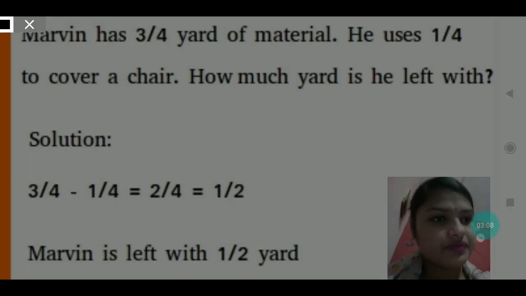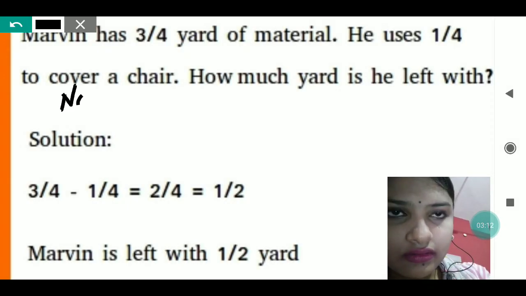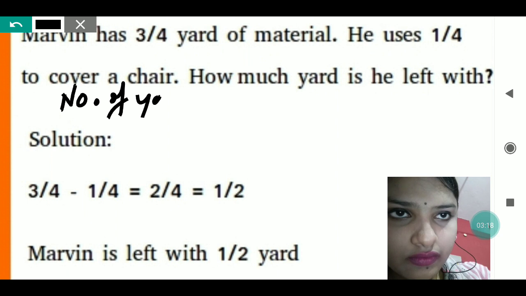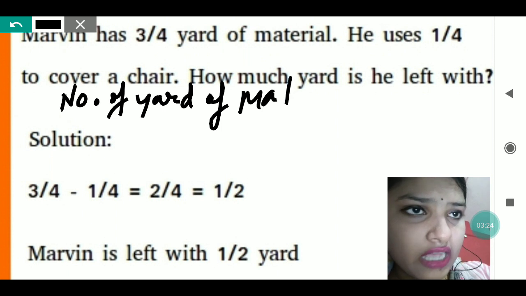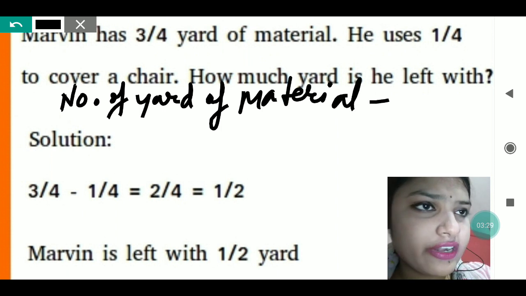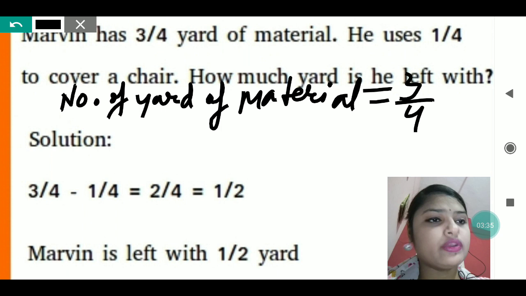Just see the statement first. Number of yards of material. Here the statement was not written, that is why I am writing it, because without a statement you will not do the word problems.